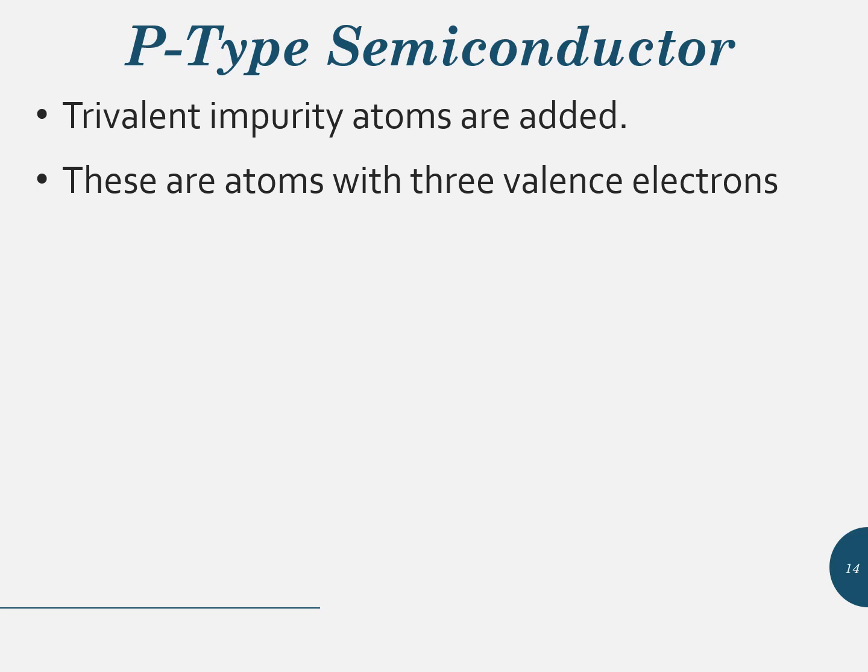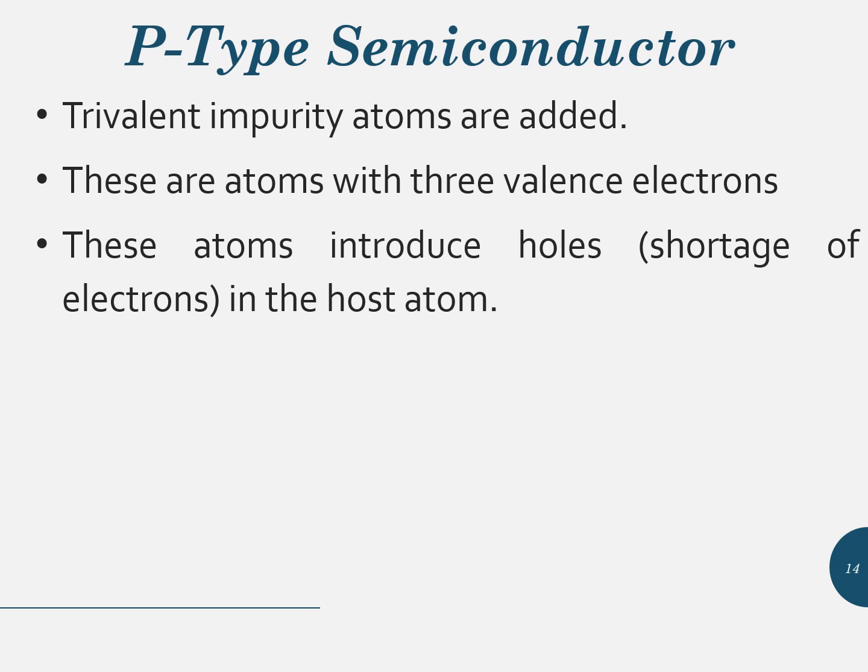These atoms introduce shortage of electrons, that is holes, in the host atom. The number of holes can be carefully controlled by the number of trivalent impurity atoms added to the host atom.